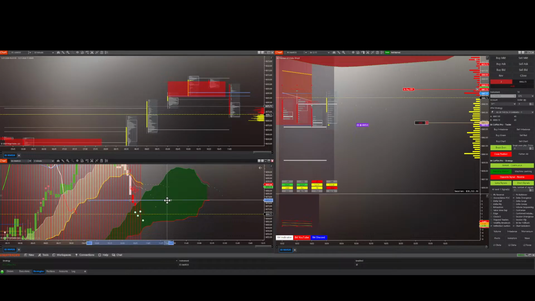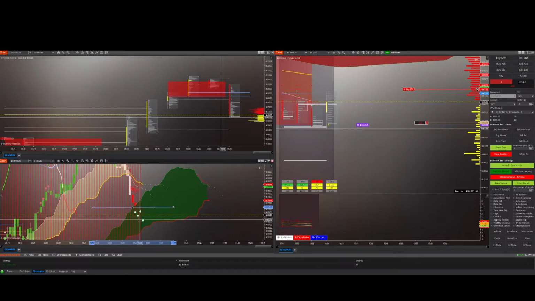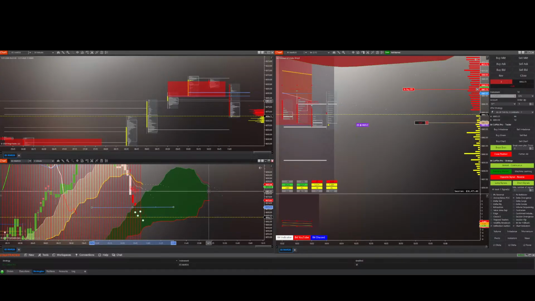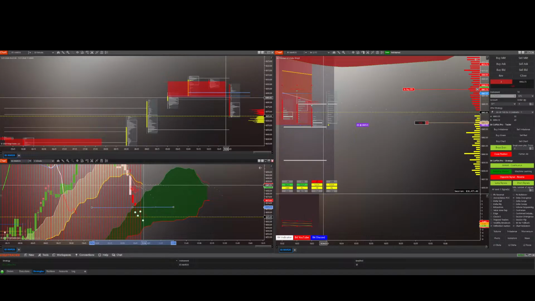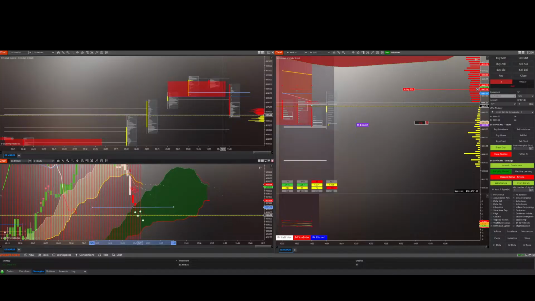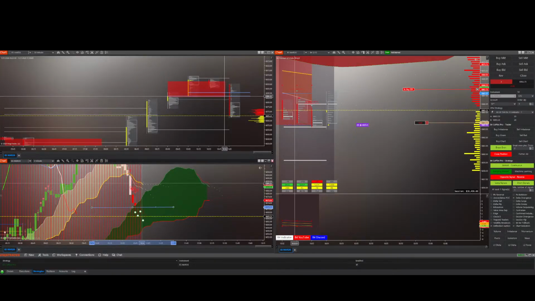Again, with the KISS dots, you don't want to be just entering. So I'm in a bad situation here, just entering this trade. This looks good. Everything looks good with the Ichimoku.